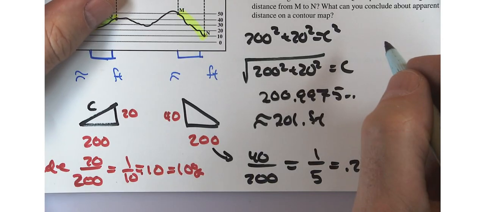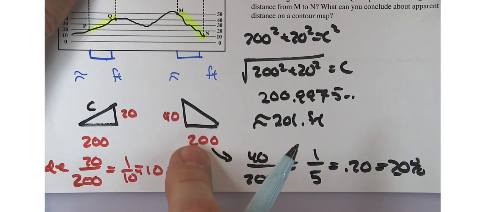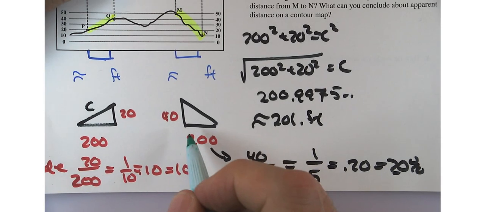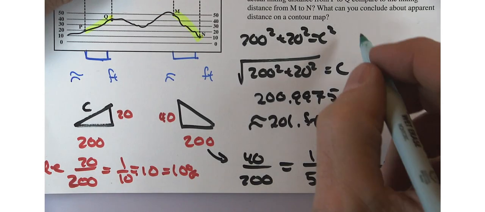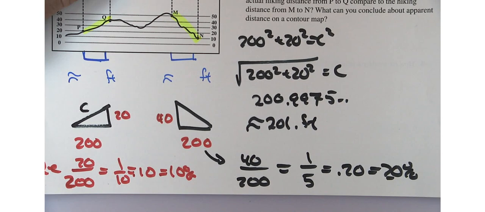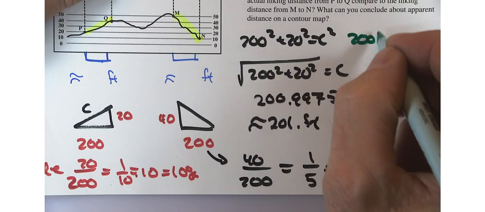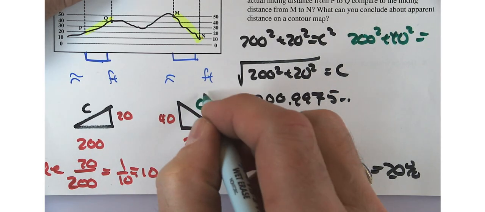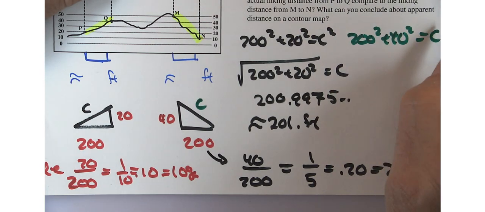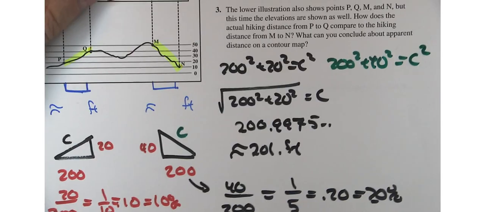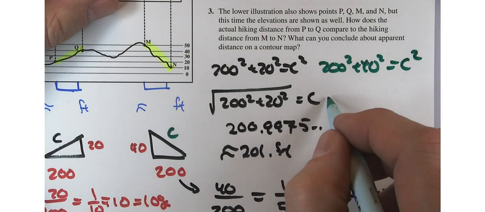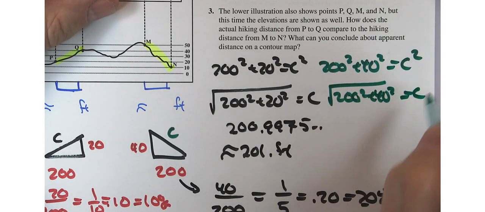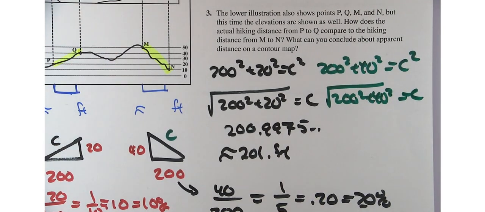What would the Pythagorean theorem look like for this one over here? What should I set up to start with? Sure. We'll call that C again. So 200 squared plus 40 squared equals C squared. Thank you so much. So square root of that, 200 squared plus 40 squared equals C. Did it make much of a difference for us?